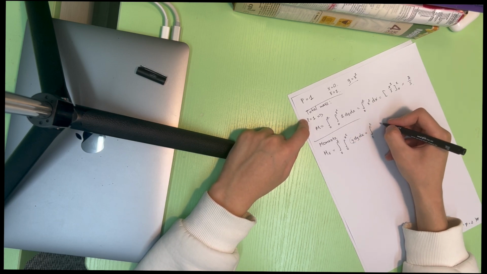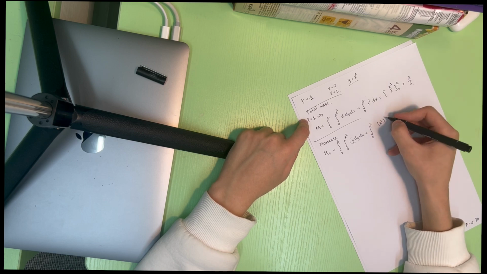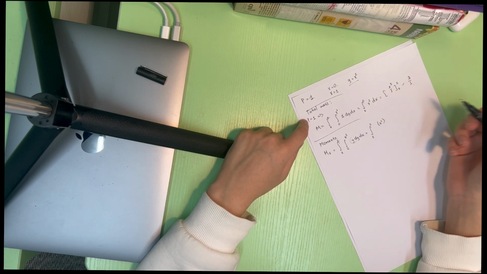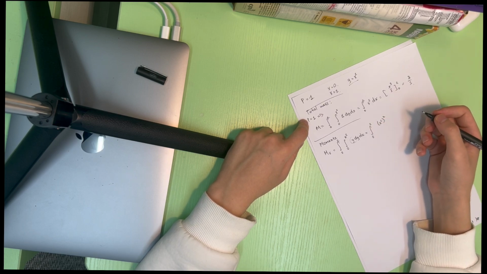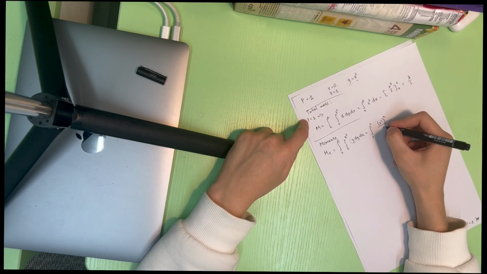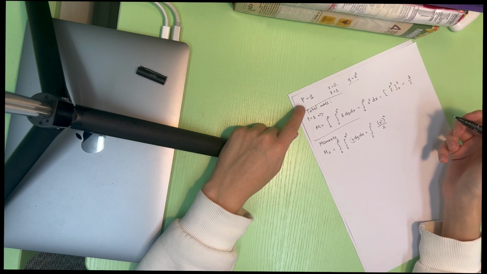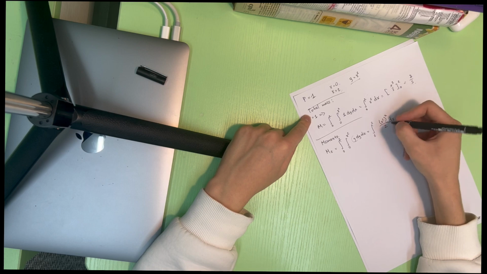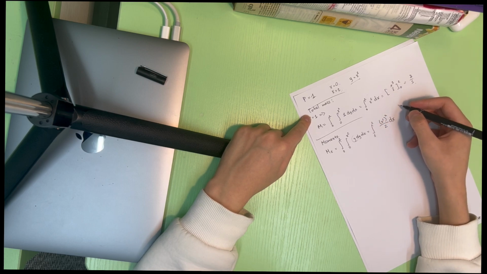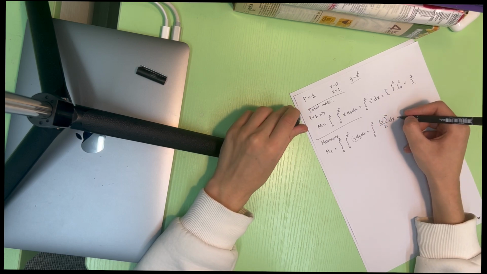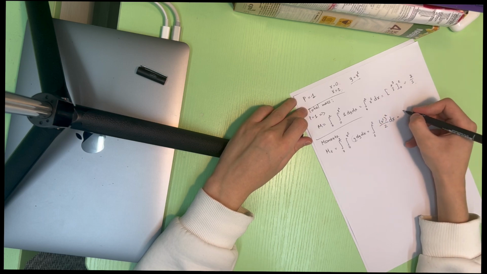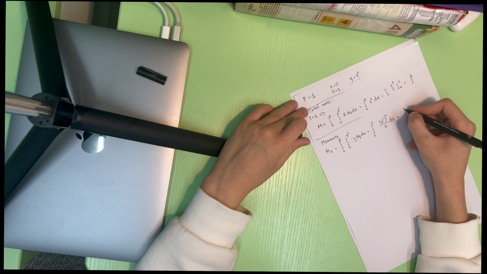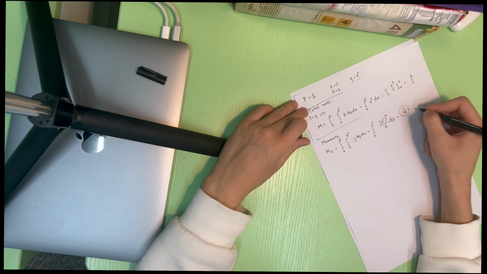Since y equals x squared, we get x squared squared divided by 2, dx. So it equals x to the fourth divided by 2.